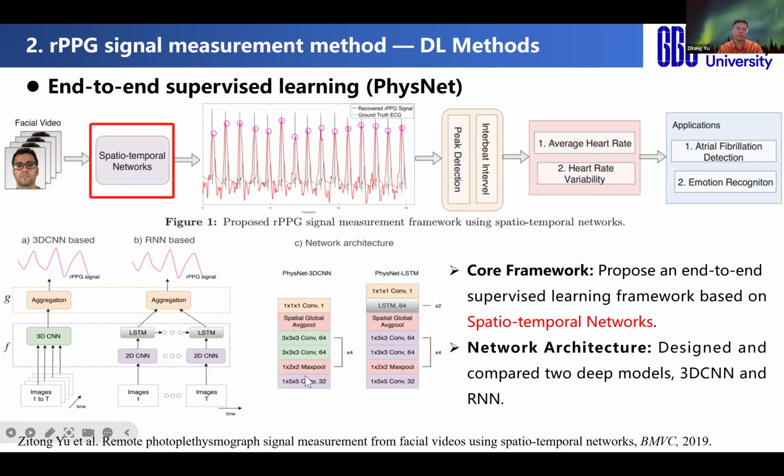The first one is based on 3D CNN. It uses 3D convolution to filter out spatial and temporal noise, and can learn more spatial-temporal intact context. Another one uses 2D CNN first, and then an RNN-based temporal recurrent model for temporal signal estimation. And we find that using the 3D CNN, the estimation is more robust.